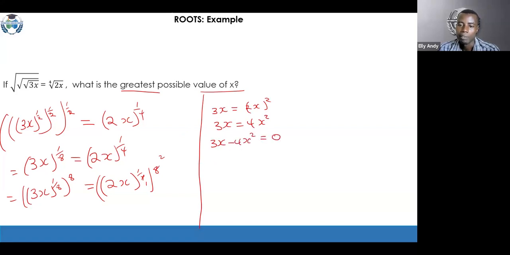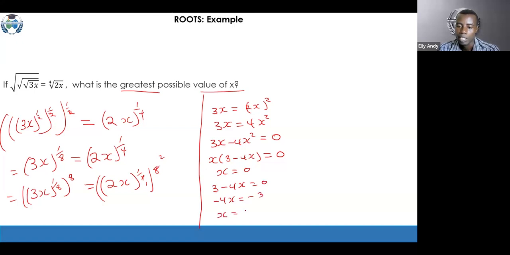And we have the good old-fashioned quadratic equation here. So we can factor out x: x times 3 minus 4x equals 0. So one of the solutions for this is that x is 0, but that is not the only one. If you consider the bracket, we'll have 3 minus 4x being 0, so minus 4x is negative 3, that is if we subtract 3 from both sides.